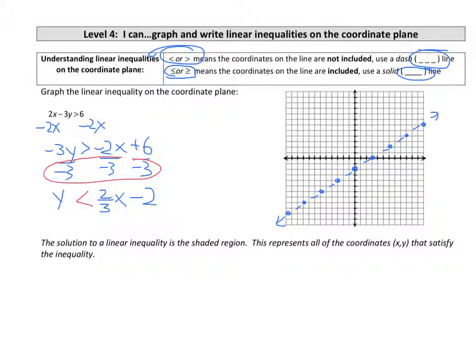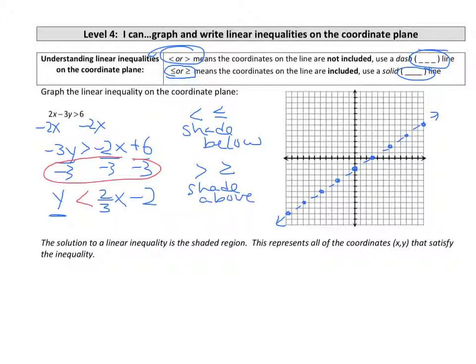And then we're going to shade one section of the graph. If you have your inequality in y equals mx plus b form with y on the left side, you can just look at the inequality to determine which way to shade. If you have a less than or equal, you're always going to shade below. And if you have a greater than or equal, you're going to shade above.